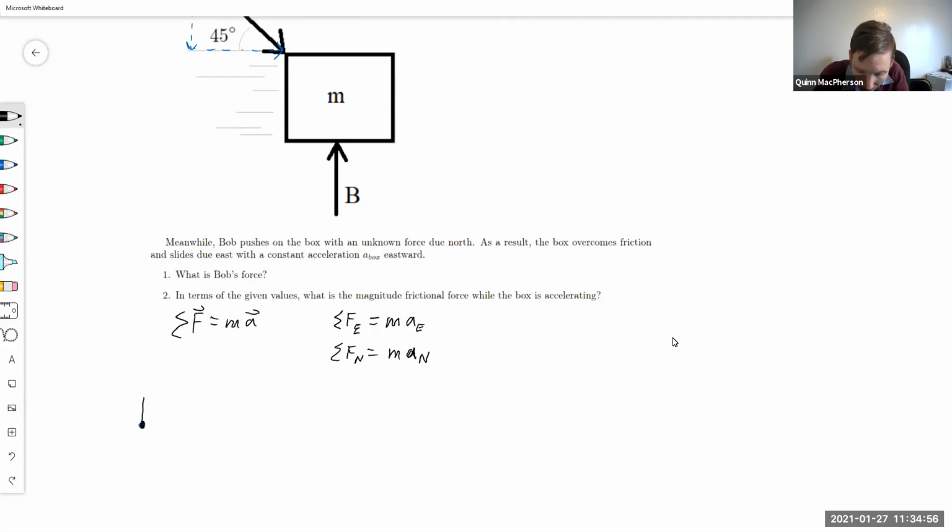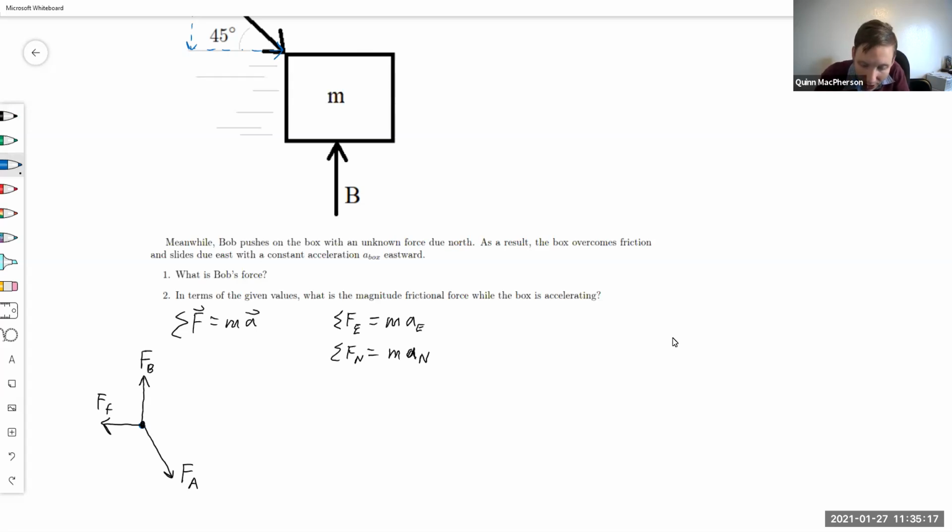I have Bob's force, Bob pushing up there. I have force Alice pushing down there, and I have force of friction pushing back. Notice that the arrows come out of the dot, not into the dot.